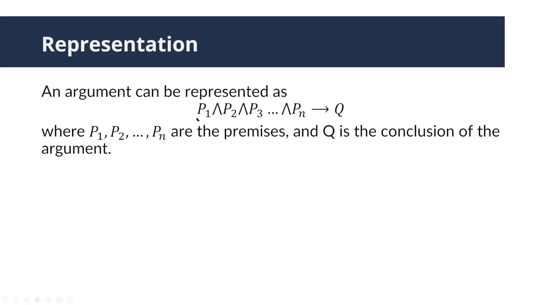And we know those propositions together are called the hypothesis for an implication. For an argument, we call each of these propositions a premise. The P1, P2 through Pn are n premises for this argument. And here Q, which represents the last proposition, is called the conclusion of this argument. So that's the same term as for implication.